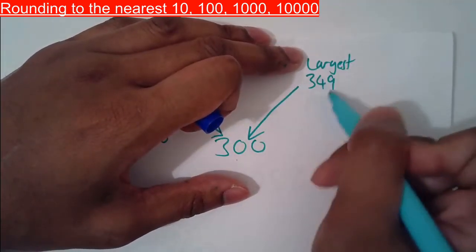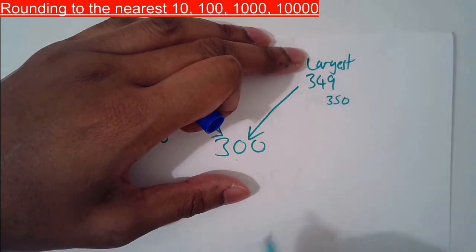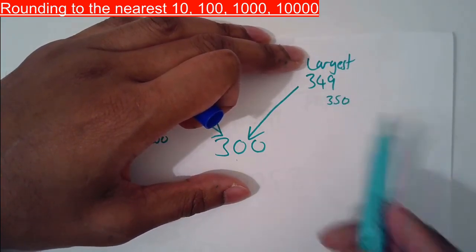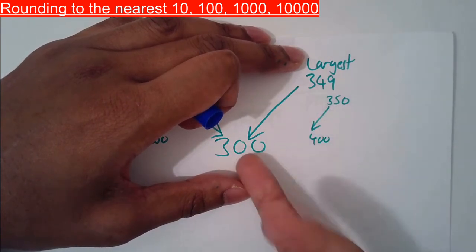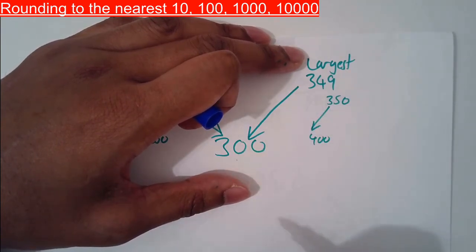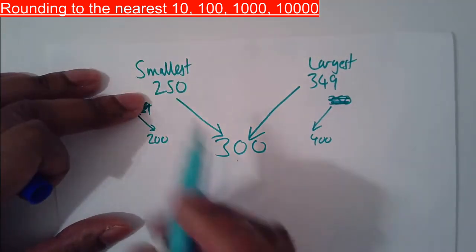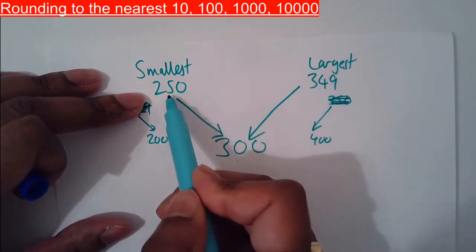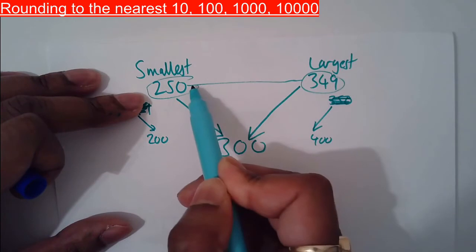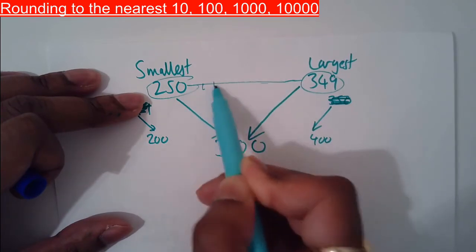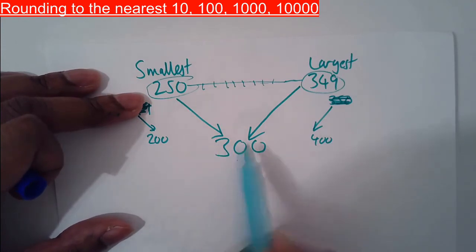If you chose a number slightly bigger than that one, let's say 350, now 350 rounded to the nearest 100 actually gives you 400, not 300. So 350 is too much. Okay, so that's the smallest and the largest. And any numbers in between 250 and 349, which are rounded to the nearest 100, will give you 300.